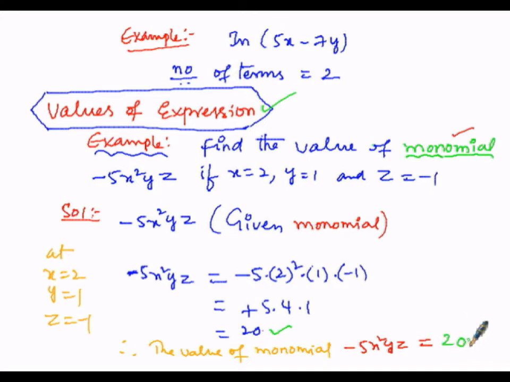In this manner we got the value of the expression, which is the monomial, by substituting these values in this monomial. Then similarly, let us go for the next case by performing one more example, example number 2.